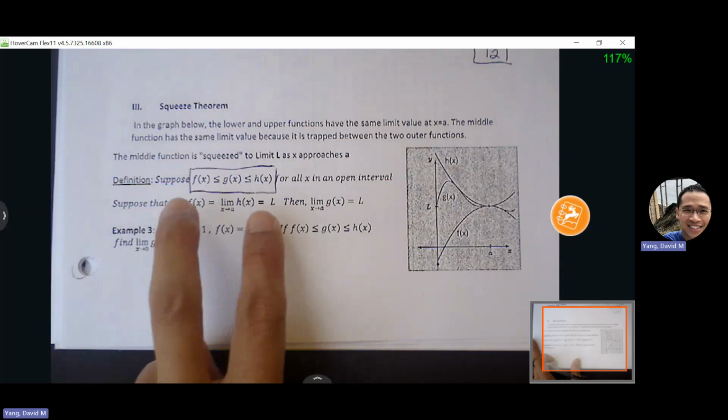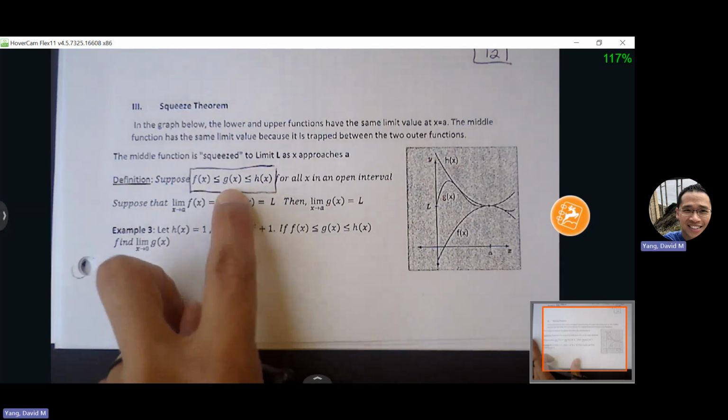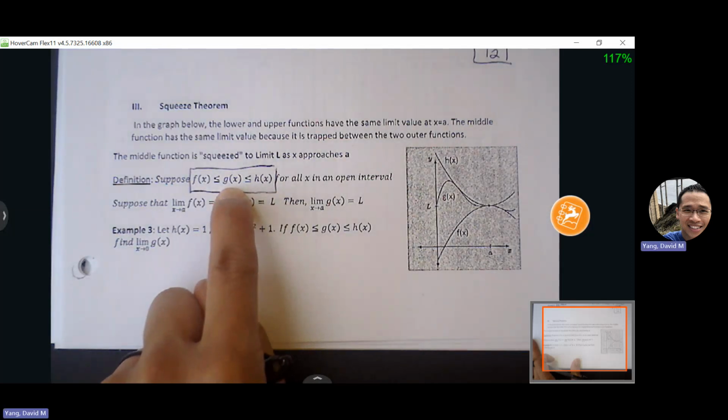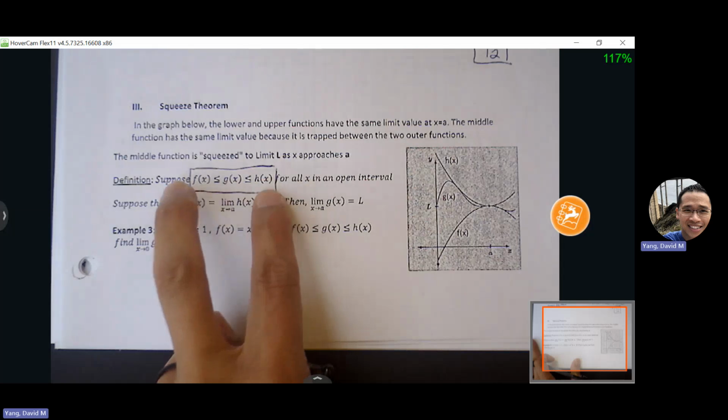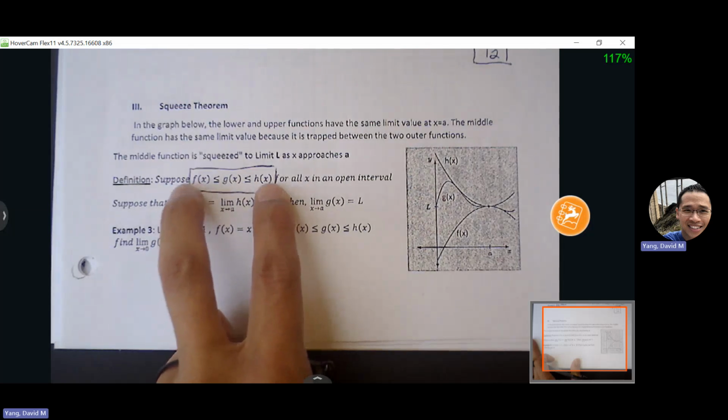So the idea is what if we're trying to find the limit of the middle function, but we don't have details about the middle function, but we do have details about the upper and lower function, we can actually find the limit.